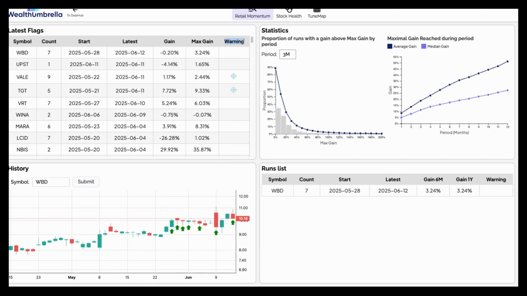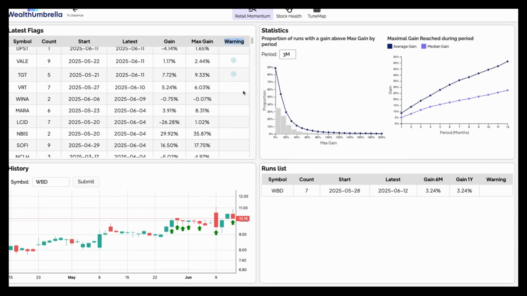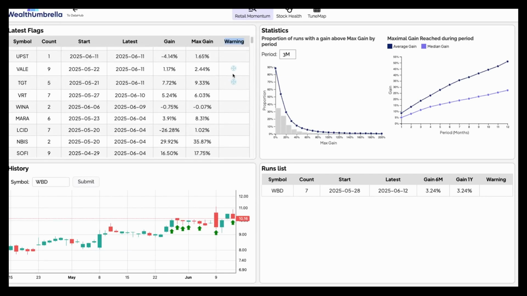And finally, the warning. I think there's a few questions as to what the warning means. So first, the snowflake is to highlight sectors that have shown to have less volatility. I'll call it like that. There was a clear distinction between a few buckets of sectors that had lesser wins and also more contained losses.